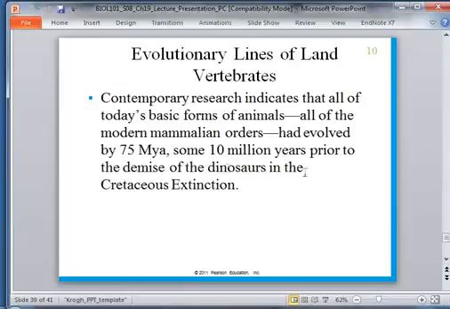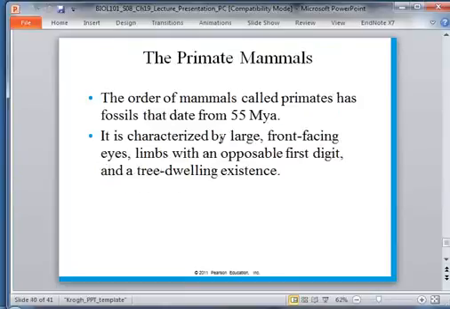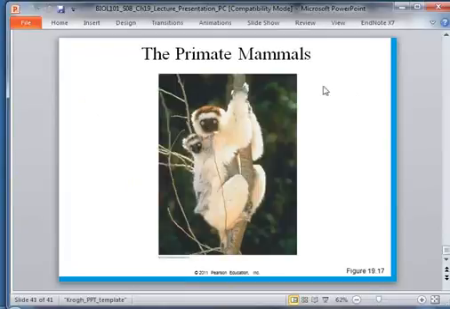And over about the next 20 million years, the dinosaurs will go extinct, and we'll start to see some diversification of mammals occurring. And one of those diversifications comes about 55 million years ago with this weird-looking mammal that has large front-facing eyes, limbs with opposable digits, and they hang out a lot in trees. And those are early primates.